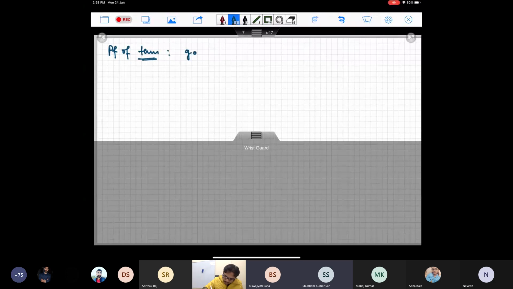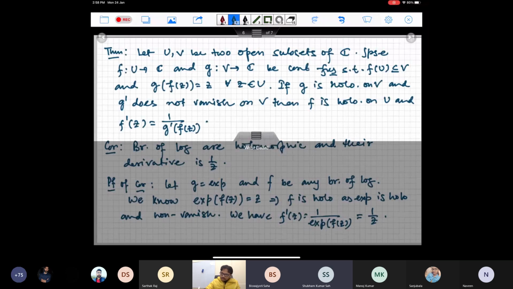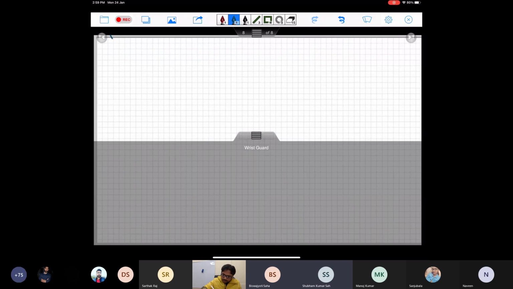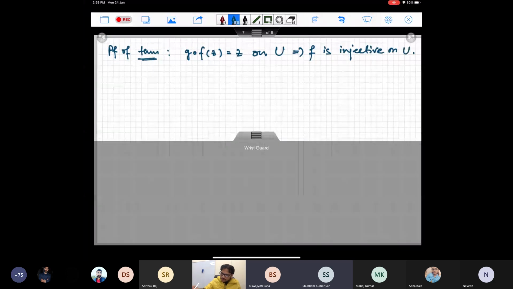We have g composed f of z is equal to z on U, because U is the domain of f. This implies f must be injective on U. So f is an injective function on U. Agreed?